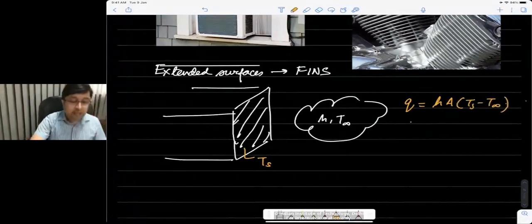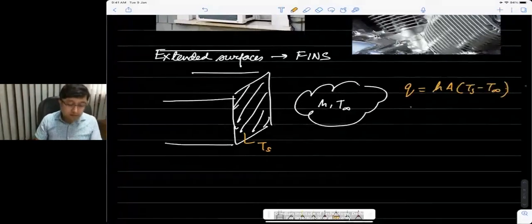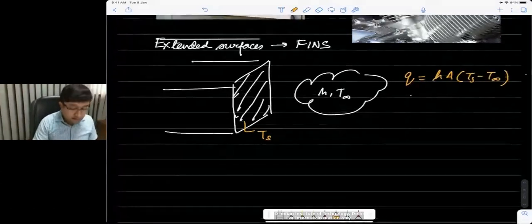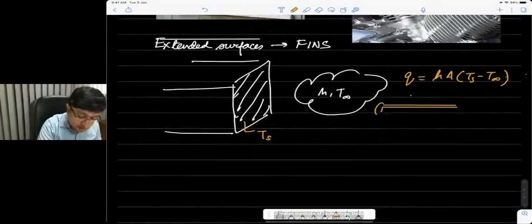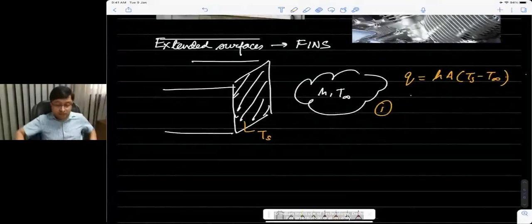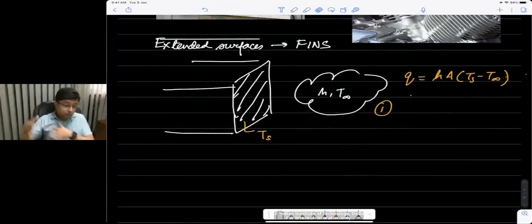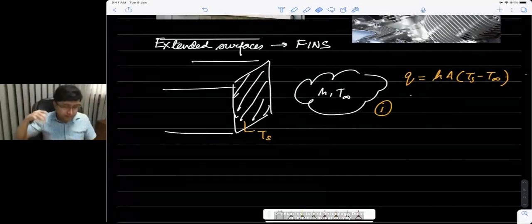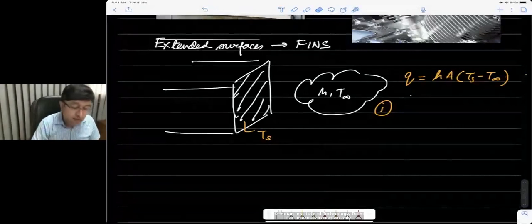Now, if I want to enhance heat transfer between the surface and the surrounding fluid, there are two options that I have. The first option is that I could increase the heat transfer coefficient h. So I could increase h by maybe having a blower blow air or whatever fluid it is. It need not be air, but as we'll see, it is more conveniently done for air. We can have the blower operate at a higher speed so that you have a higher velocity fluid flowing over the surface.